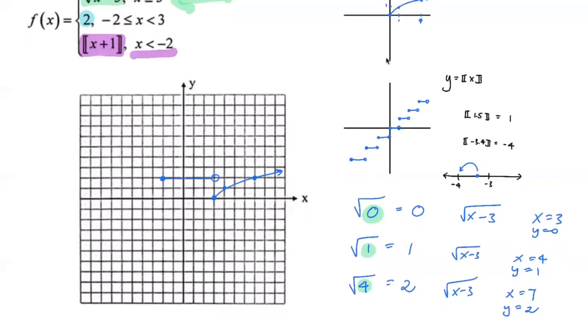Let's just say maybe x equals -2.1. Okay, if x is equal to -2.1 plus 1, you would get, sorry, step function, not absolute value, my bad. Step function of -1.1. Okay, and what's the step function of -1.1? That's equal to -2.